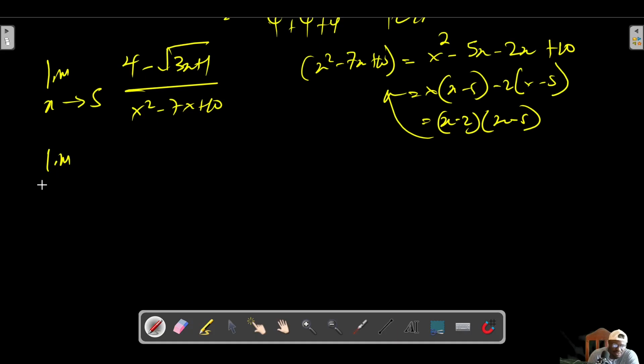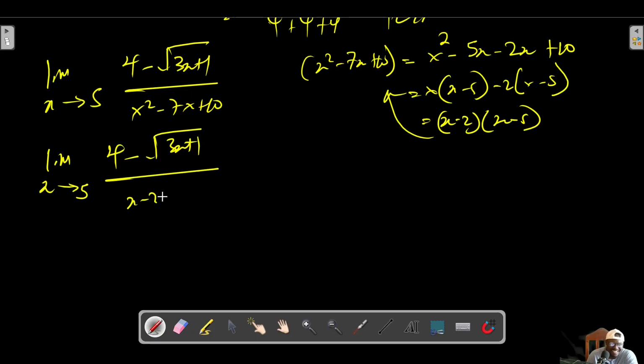So let's do that. The limit as x is approaching 5 of 4 minus root 3x plus 1 all over x minus 2, x minus 5. After we are done with this, we can rationalize the numerator, multiplying both the numerator and denominator by the conjugate pair.